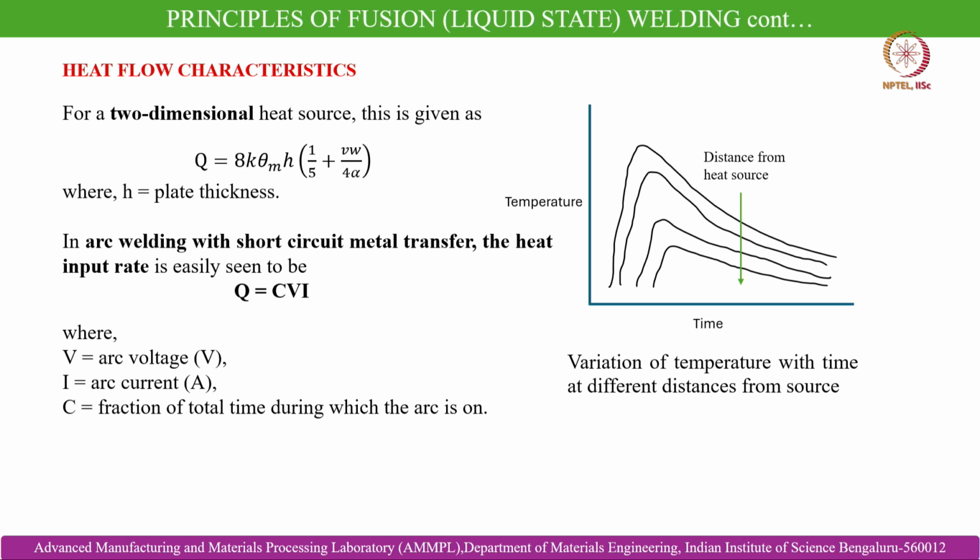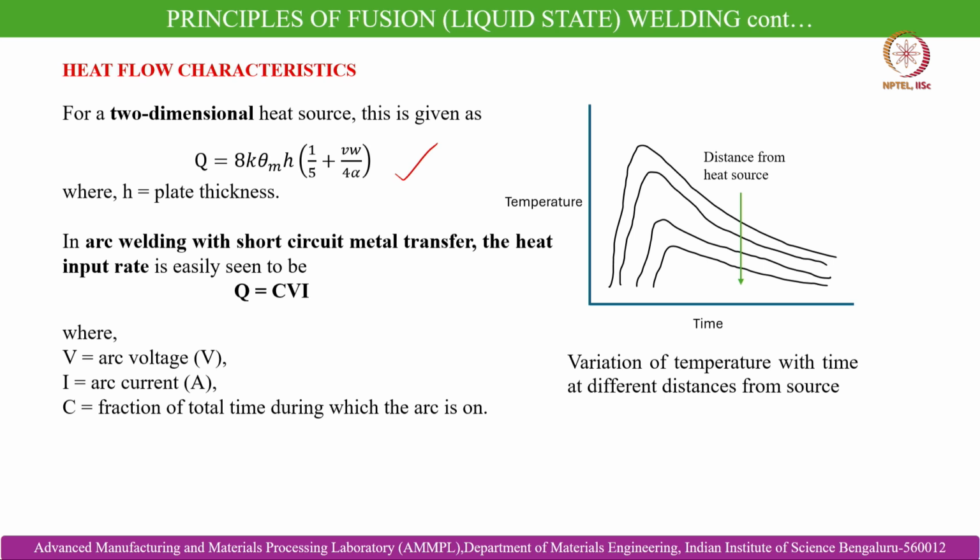In this case the welding heat source can be considered as a line source, two-dimensional in nature. In that case the heat input Q can be expressed as 8 k theta m H into 1 by 5 plus nu w by 4 alpha. Here H is the plate thickness.